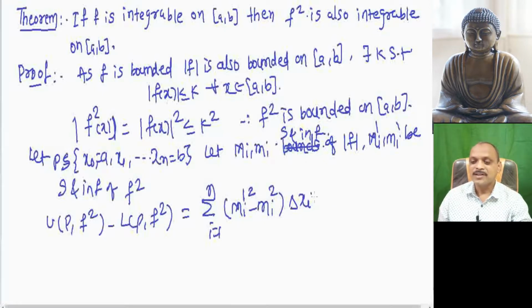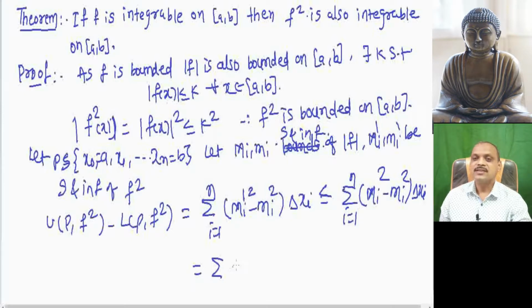But what is the relation? Since f of x square is less than or equal to k square, this is less than or equal to the summation of capital Mi square minus small mi square into delta xi, i equal to 1 to n, right?